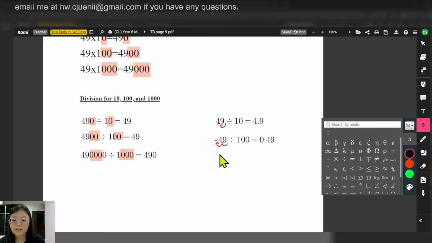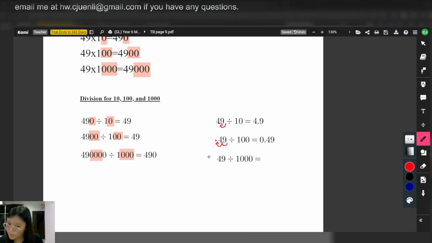Now the next one, let's go to 1000, right? So 49 divided by 1000. So this time there are 3 zeros, but we only have 2-digit numbers. So look very carefully at how I'll be doing it. 1, 2, 3.